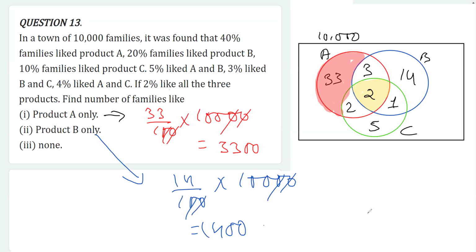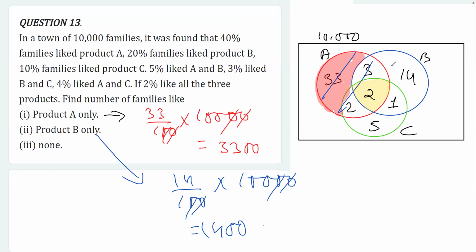And the ones who like none of these. So none will be calculated how? We can see that if I add all these values here, how much percent does it come out to be? So we have to add: 33 plus 5 plus 14 plus 5 plus 3 comes out to be 60.